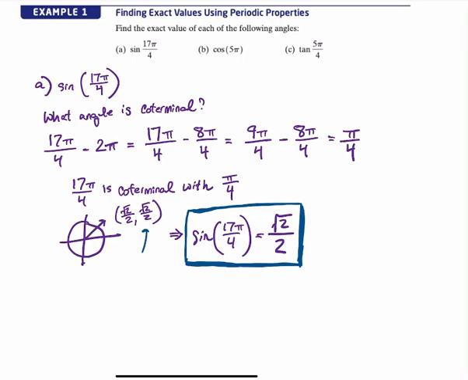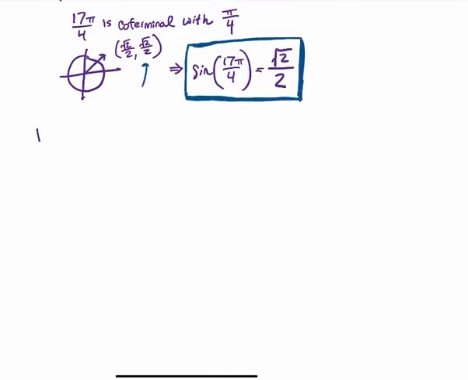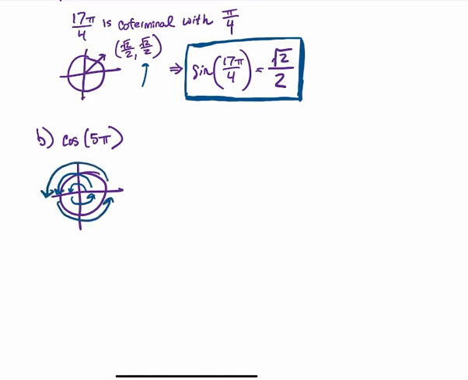Let's look at example B. It's the cosine of 5 pi. There's a couple different ways we can do these. If it's the cosine of 5 pi, we could just imagine counting that out. Pi is 180 degrees, so it would be like 1 pi, 2 pi, 3 pi, 4 pi, 5 pi.